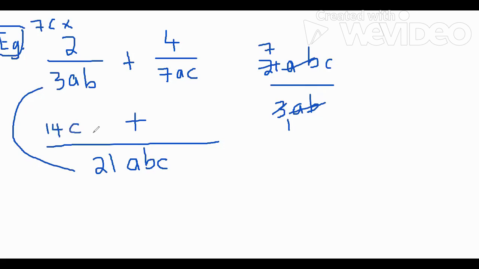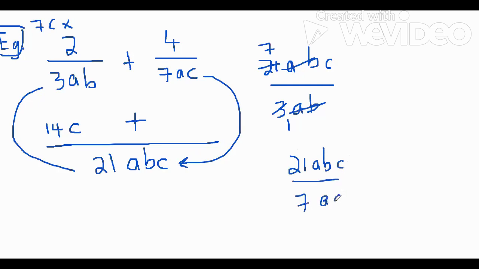14C. Right. And then now when we say 7AC into that, it is actually 21ABC all over what? 7 3B AC. And then what can cancel out?